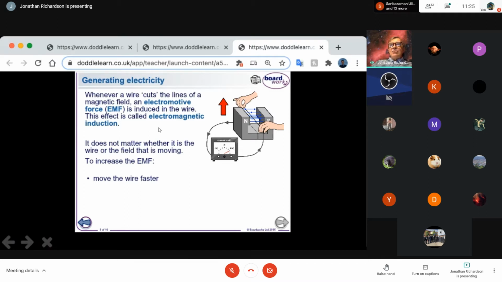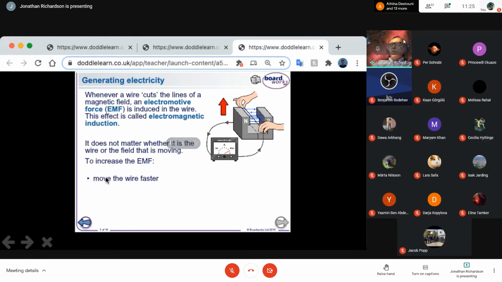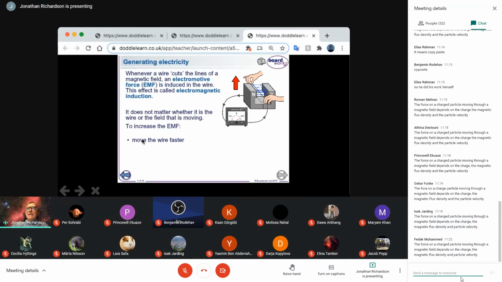Can anybody guess or suggest what else I could do to increase the induced current in this piece of wire? I've said moving it faster is one way. What else could I do to increase the current induced and flowing through this piece of wire?